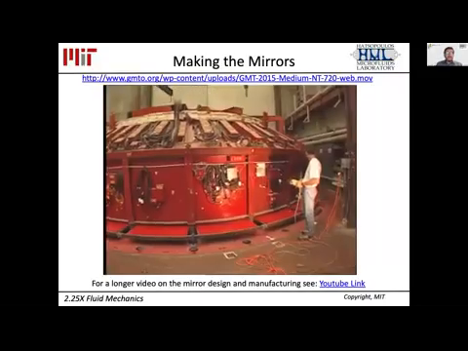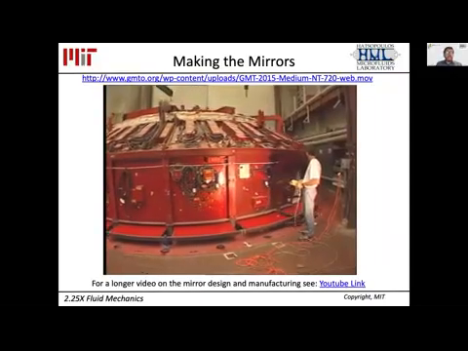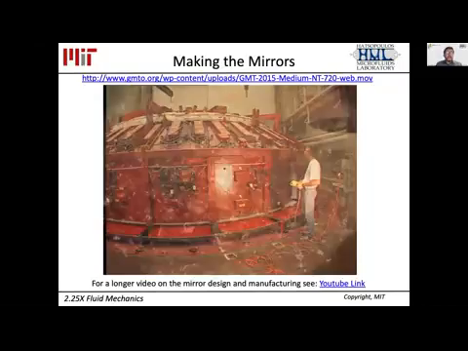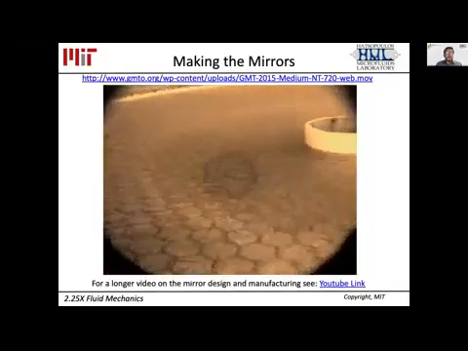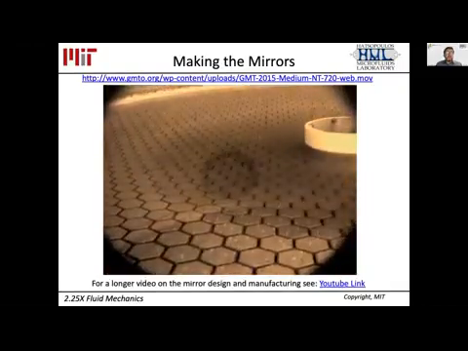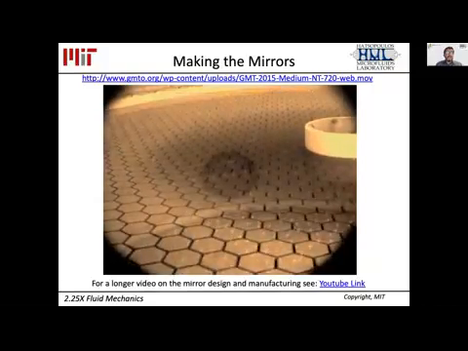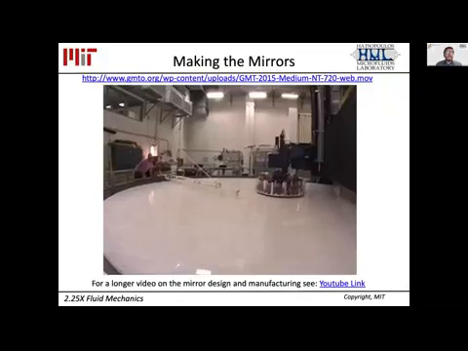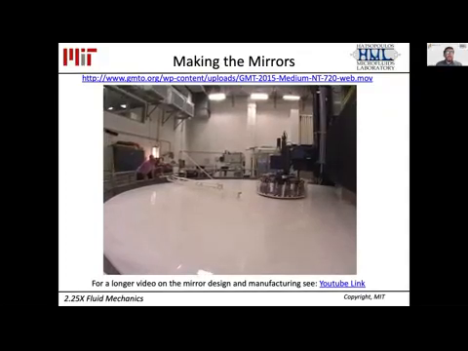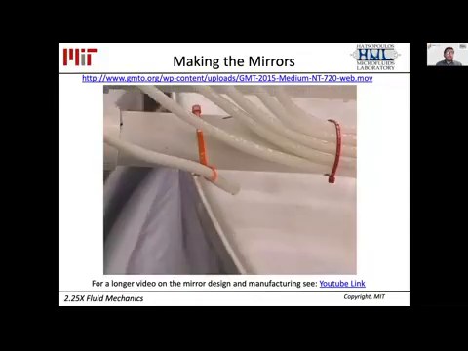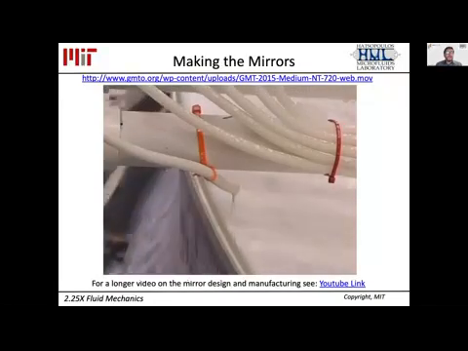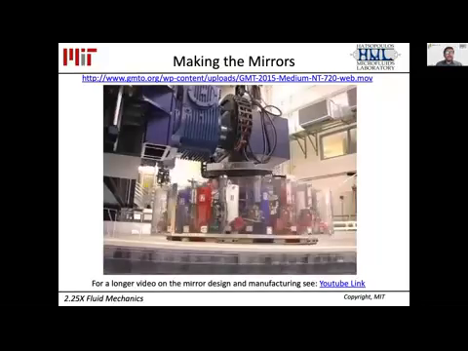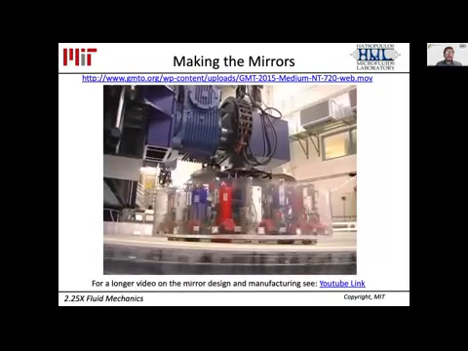So here's the lid of the oven being closed, and it's brought up to temperature, and then rotated at a steady rate, and you can see the glass melt in this time-lapse video, and eventually flow out until it produces a parabolic surface. Of course, it's not quite perfect to within the wavelength of light that is needed, and so afterwards there is a large polishing operation to polish down any defects and bring this close to the design.